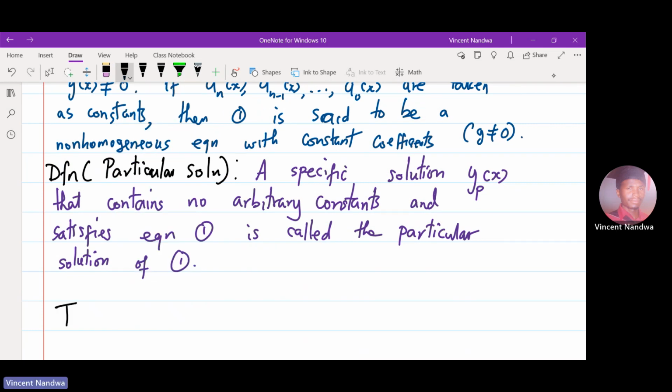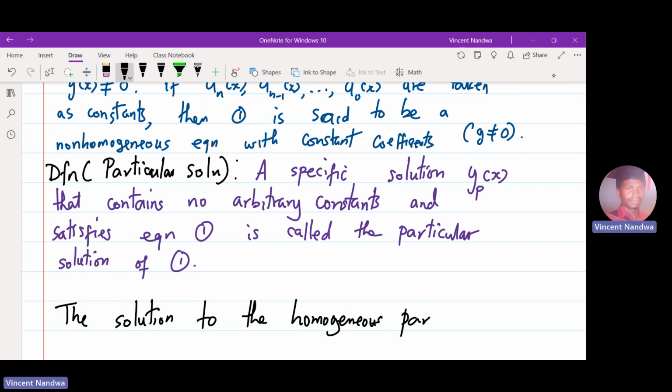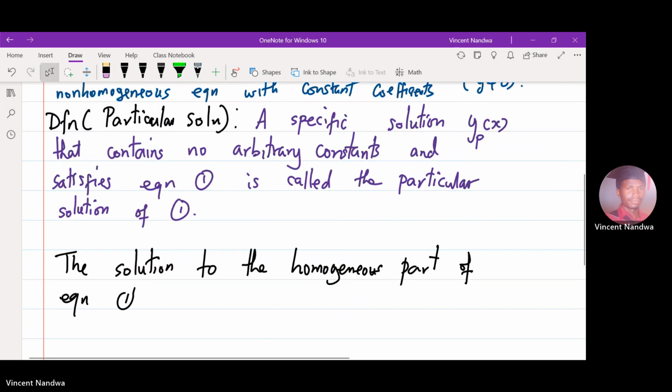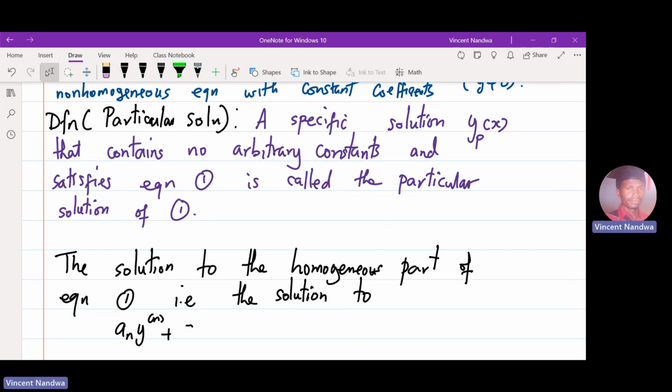So the general solution to the homogeneous part of equation 1 has to mean the solution to the equation a_n y^(n) plus a_(n-1) y^(n-1) plus other terms plus a_1 y prime plus a_0 y equals 0.